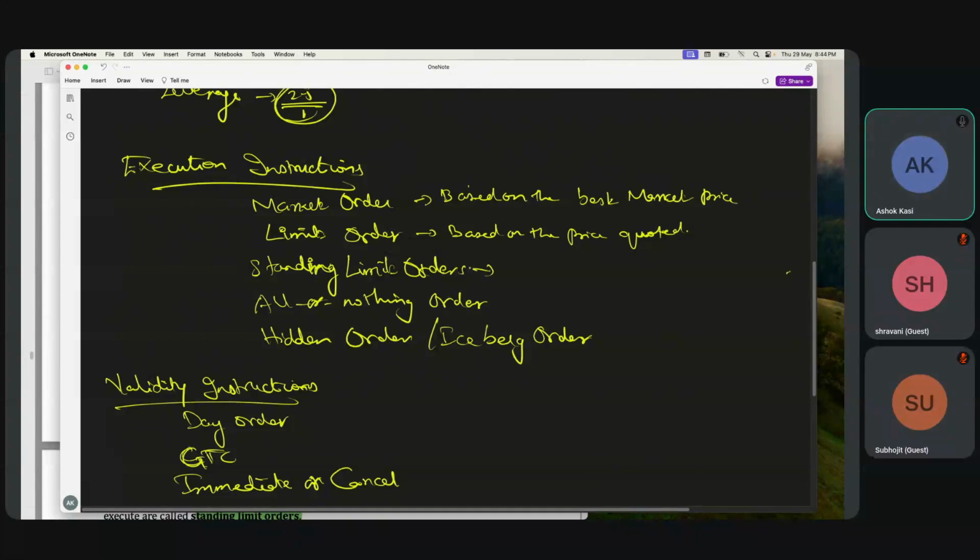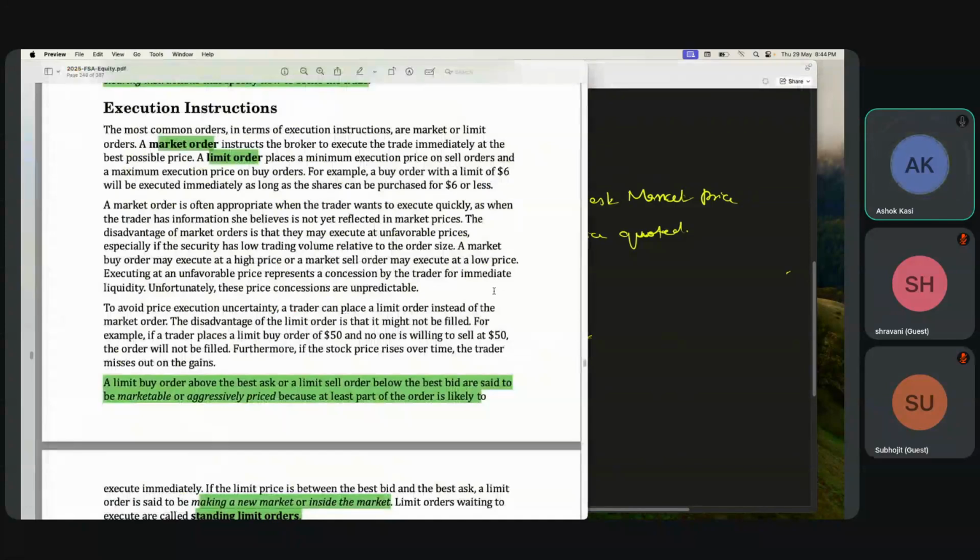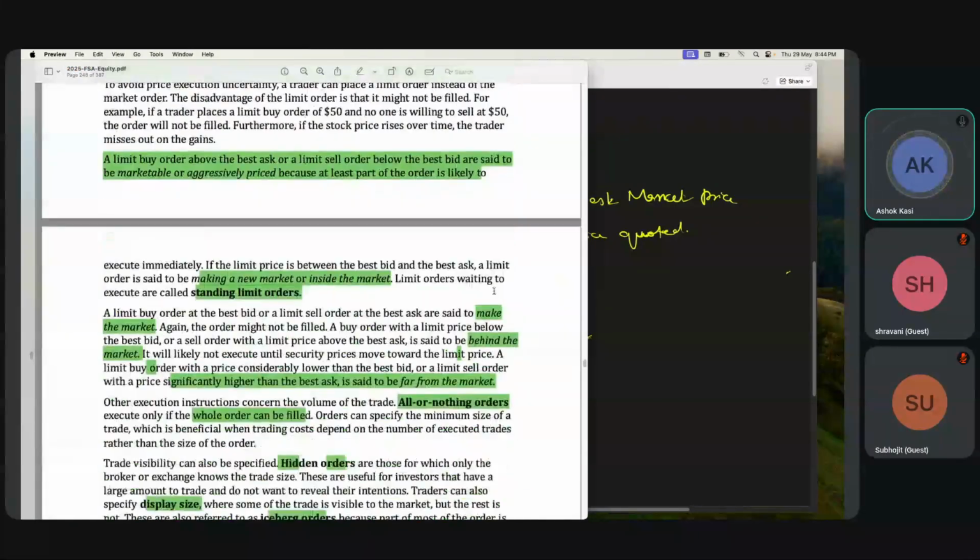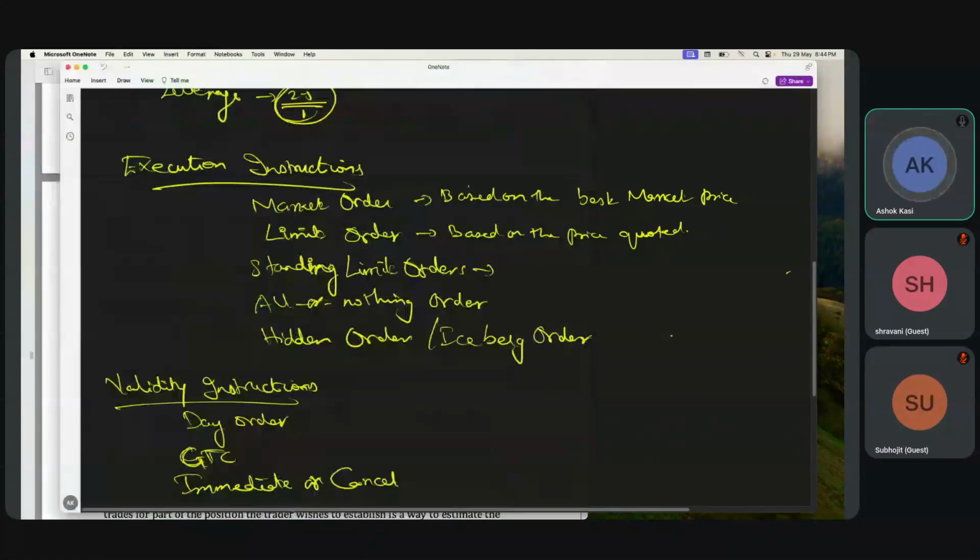Then standing limit order means waiting to be executed. Limit orders waiting to execute.